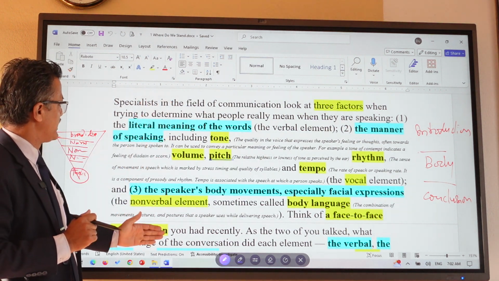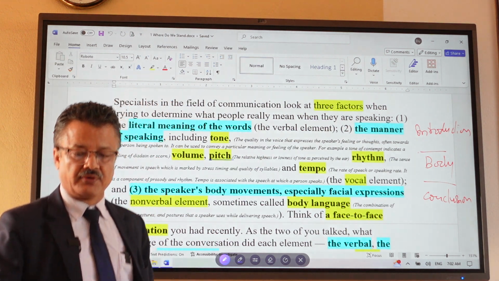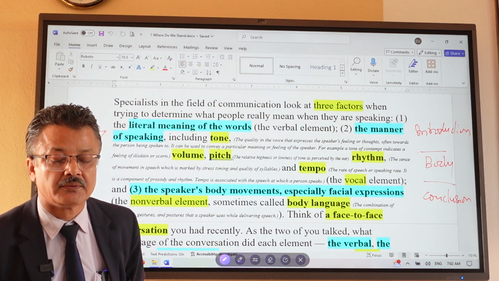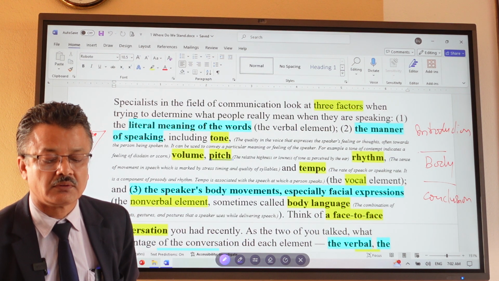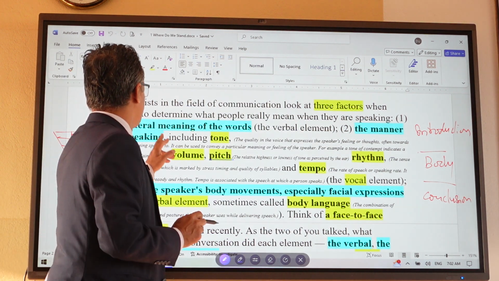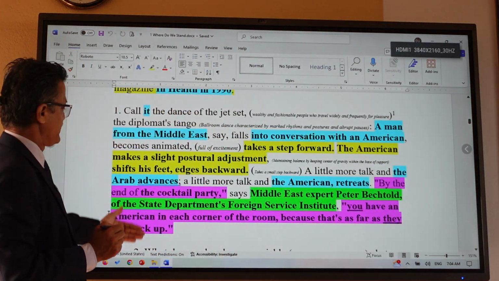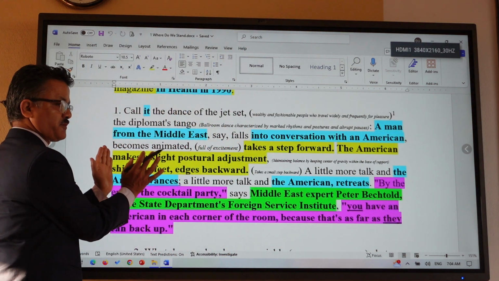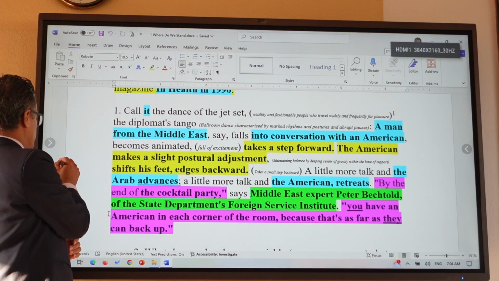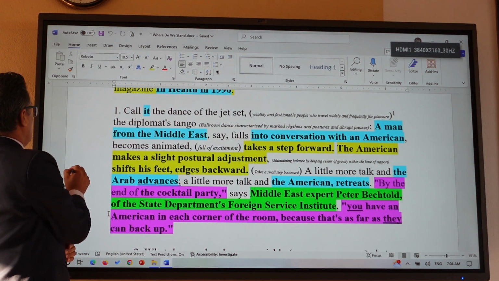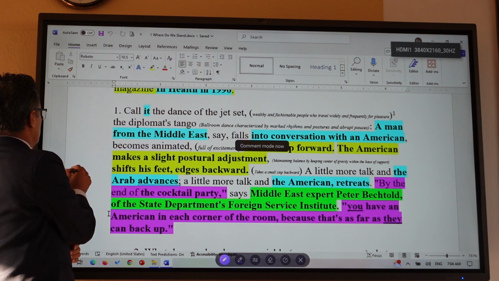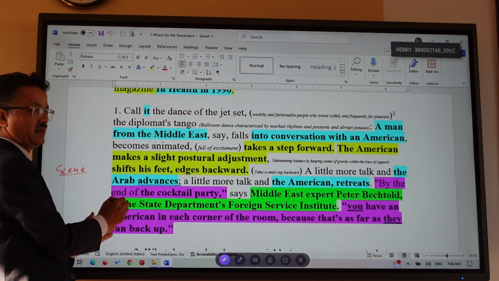Now, here you see, in the first paragraph, let me open the first paragraph. If you see this first paragraph, what does this first paragraph do? This first paragraph presents a scene.